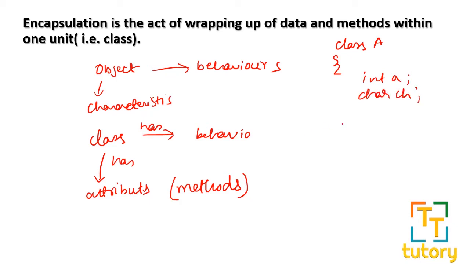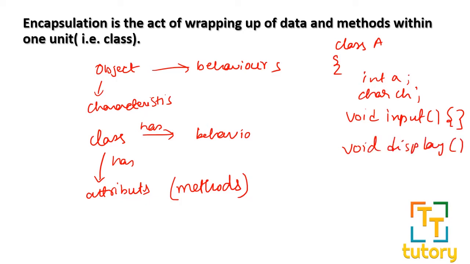And there will be some methods, so void input, void display. So this is a sample class definition. Now this class is encapsulating or wrapping the data members and member methods together. So that is what encapsulation is.